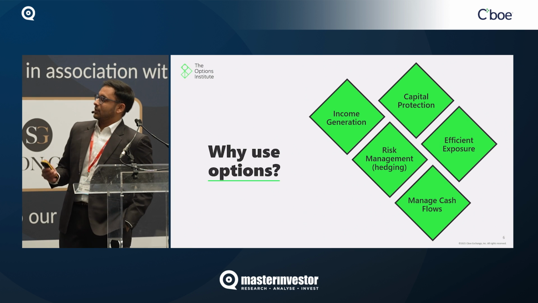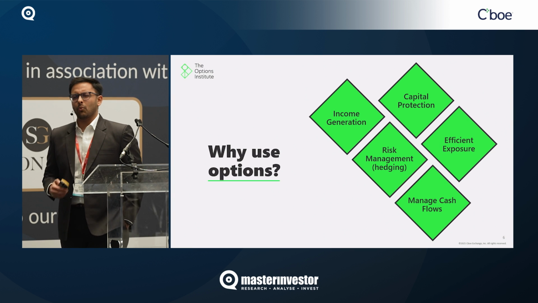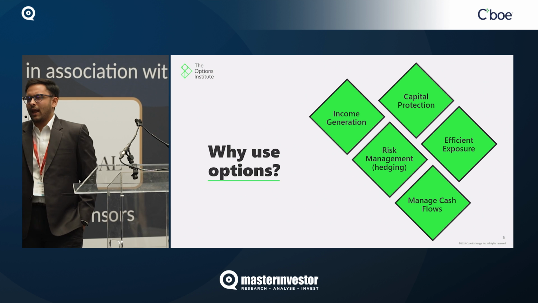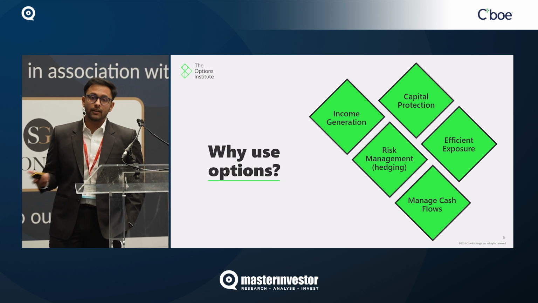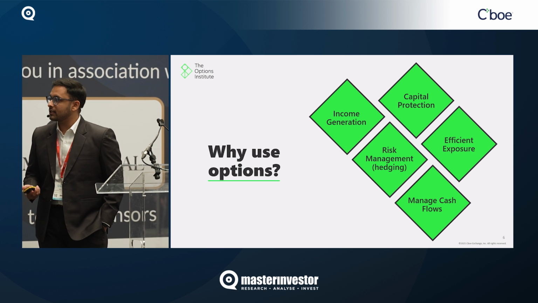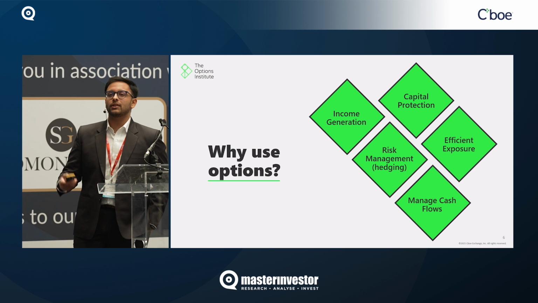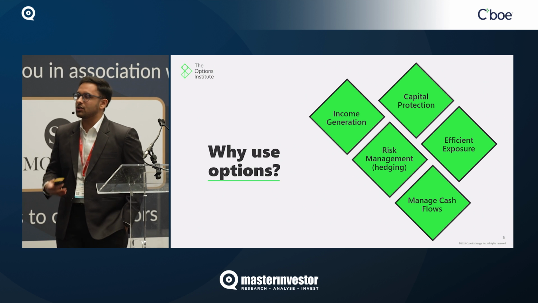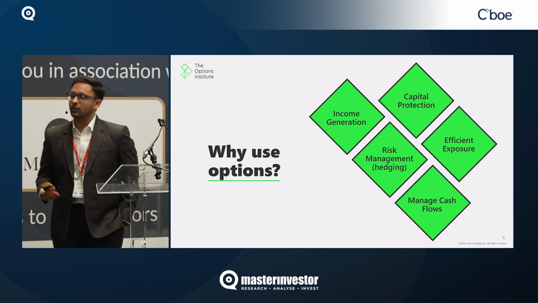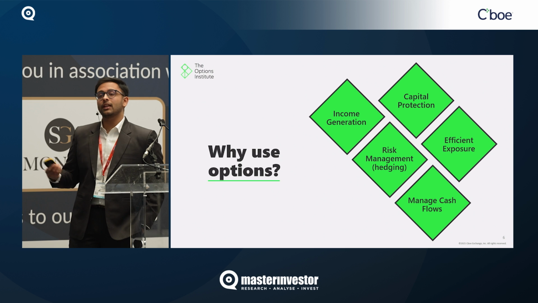All right, now that we have the what out of the way, let's think about why. Why do investors actually use options? Investors can use options for any number of reasons. These are the five reasons that we have distilled through our conversations over the years with clients and individuals that trade options. First up is income generation.